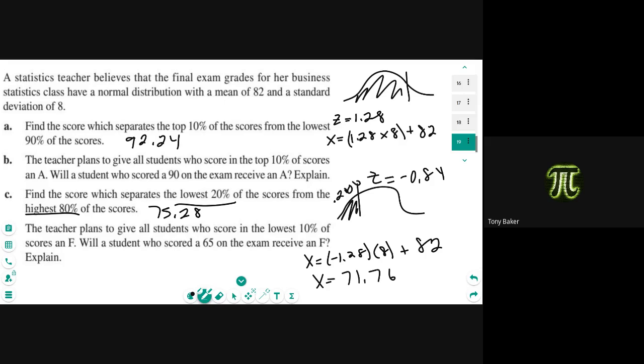The majority of students will get a C. So in this case, an 82 would be a C. Most people wouldn't be very happy with that. 82, yeah, that's a C.